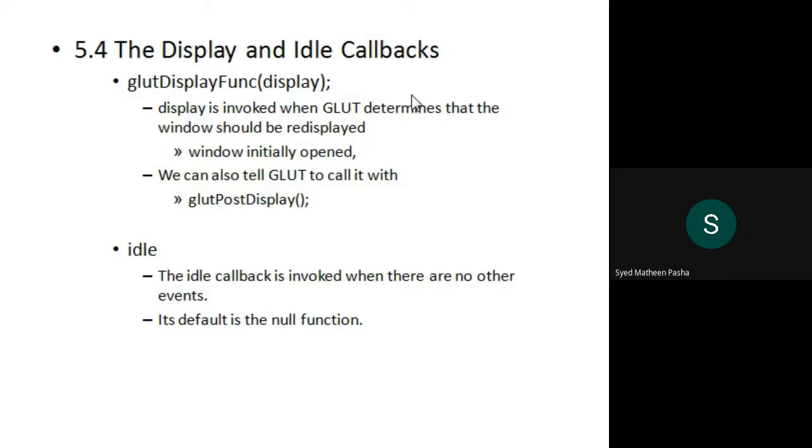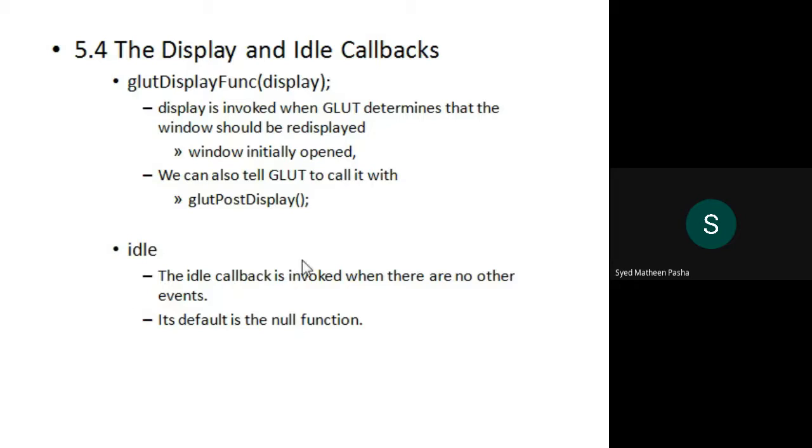What if the callback functions are idle? So we'll be using a callback function called idle. The idle callback is invoked when there are no other events. That is, if in the program I have defined two events, one is a keyboard event and the other is a mouse event, I will execute and complete these two callback events.